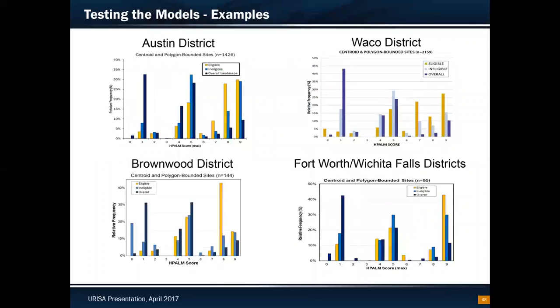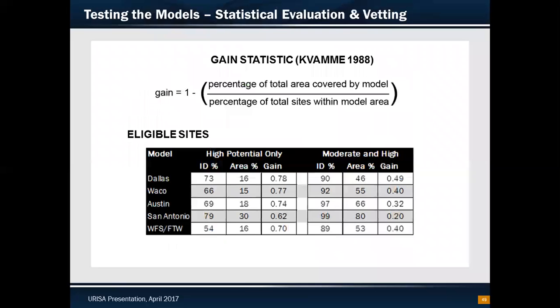So there's several examples of how those plot out. We also calculate Kvamme's gain statistic, which is just a ratio between the area of the model covered and the percentage of sites that are predicted.